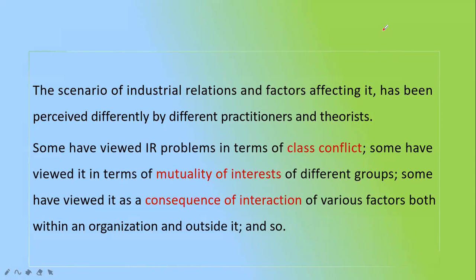So industrial conflicts are due to class conflict, the first factor, and due to the mutuality of interest and the consequence of interaction. These are the three most important factors out of which industrial problems arise. This is the view of various theories.